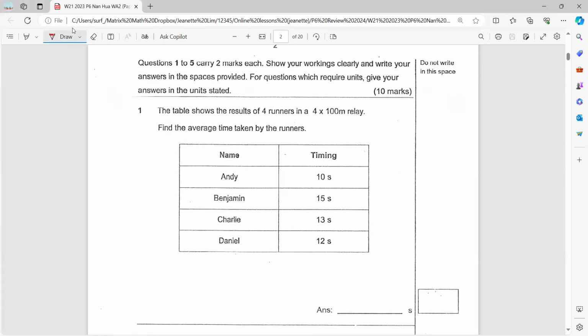Let's add them up: 10, 15, 13, and 12. That will give us a total of 50. So the average will be 50 divided by 4, which is 12.5. So the answer is 12.5 seconds.